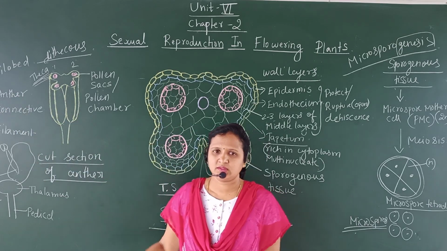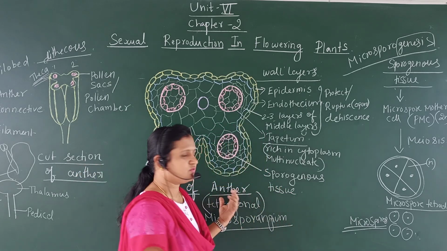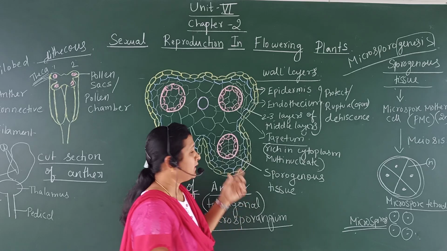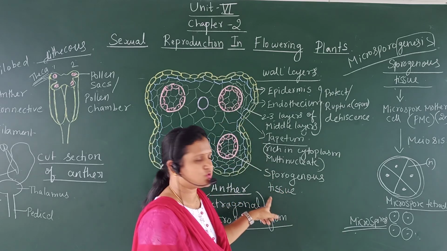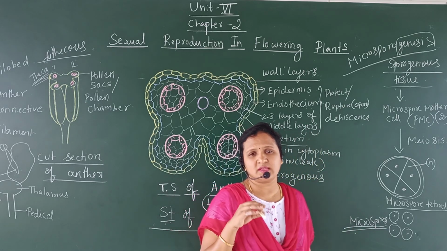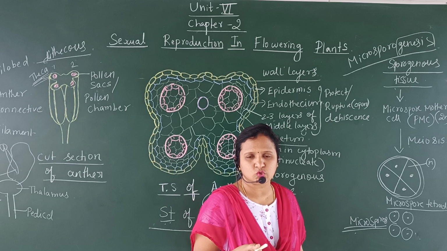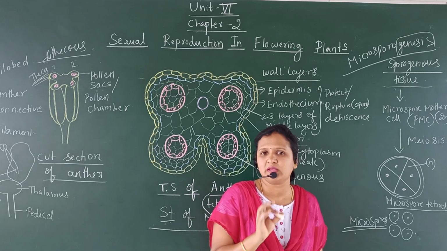In this way, the story started from the anther. We have studied the structure of the anther, a cut section and a detailed structure, and how the sporogenous tissue in that anther develops into microspores. Later, the same microspores develop into pollen grains, and inside the pollen grains we will find the male gametes.